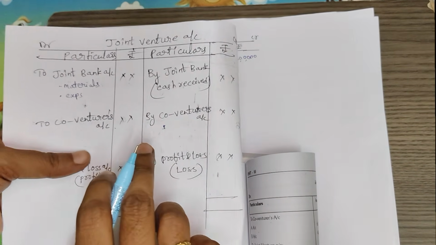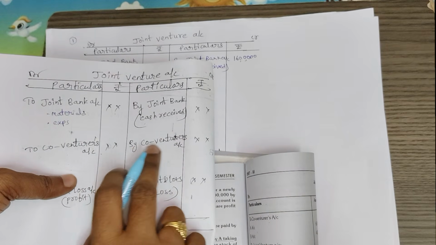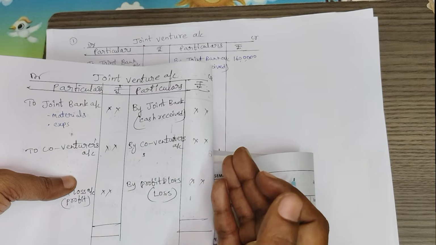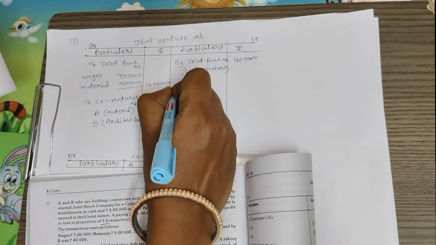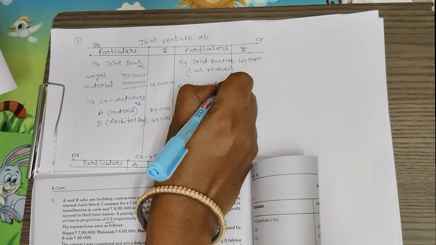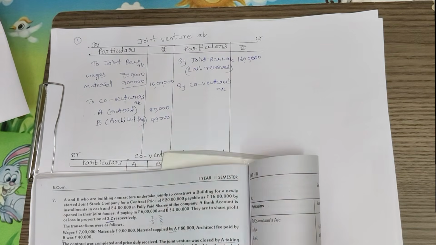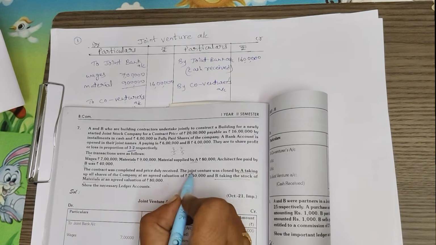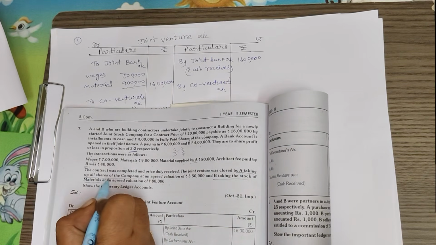And next one, credit side we have by co-venturers account. What we should write under co-venturers account credit side? If you have any taken over items, you need to write them under co-venturers account credit side. So here, in the last paragraph, the joint venture was closed by A taking up all the shares.